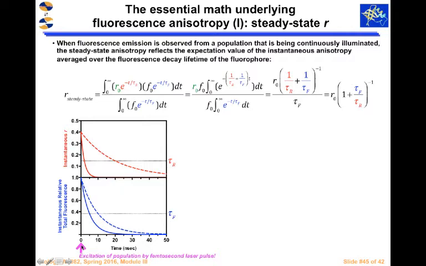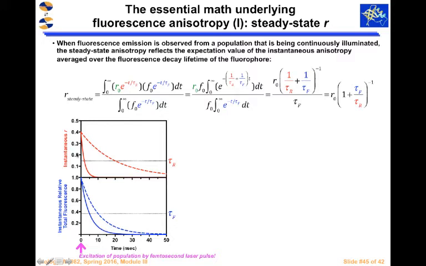We can produce a whole population that absorbs on the femtosecond time scale, but even when we're doing continuous excitation, a given molecule will absorb on the femtosecond time scale. So even when we're doing continuous excitation, these decay curves will describe the probability function of the rotation, of the anisotropy and of the fluorescence emission, right?